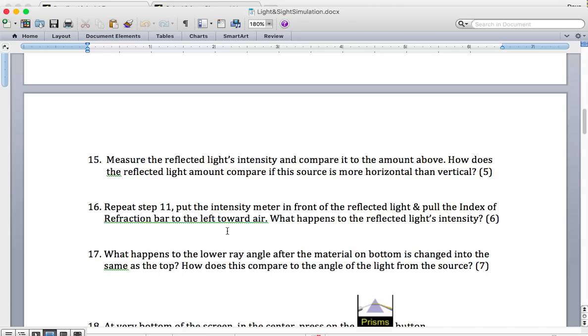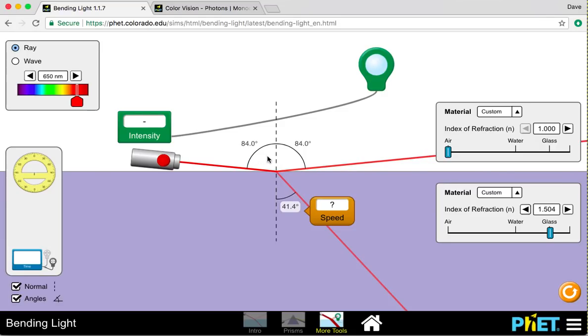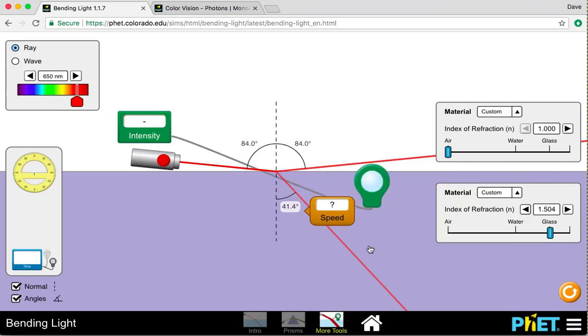The way that I'm saying it might not necessarily be the same way that you wrote it, but just make sure that you understand. As this angle increases, the amount of light that gets reflected increases, which also means the amount of light that gets refracted will decrease. So notice at this point there's more being reflected than there is being refracted.